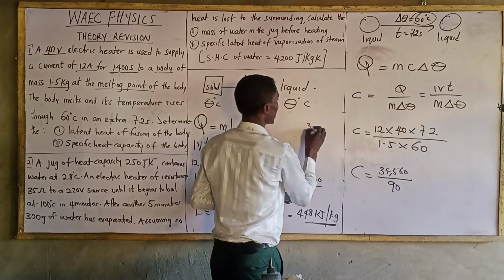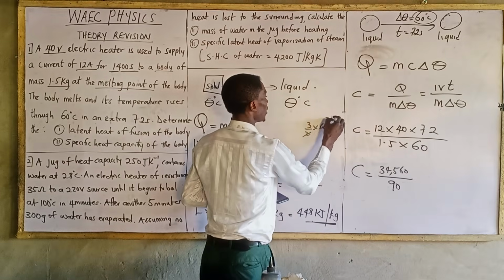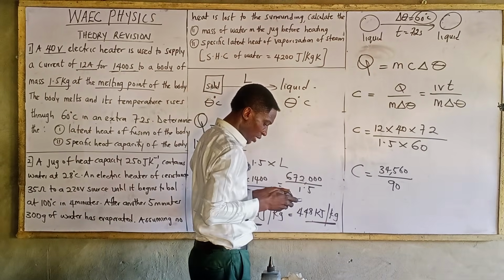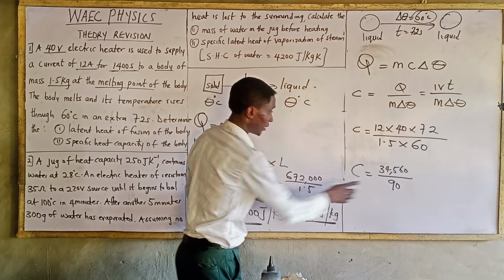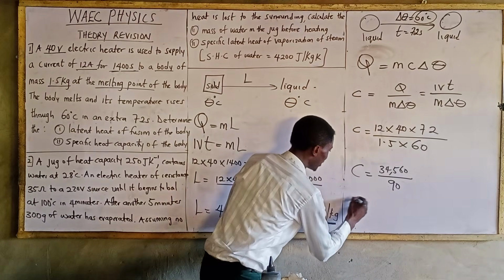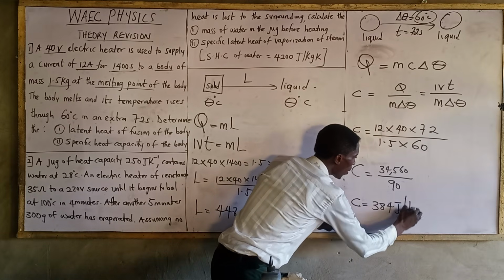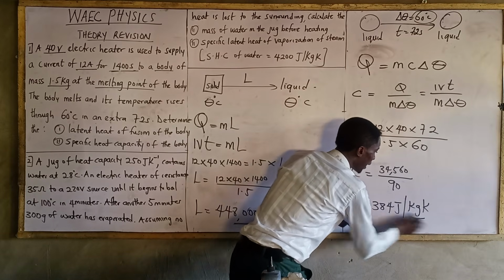So we divide that all together by 90. Here, we've got the specific heat capacity to be 384 joule per kilogram per Kelvin.